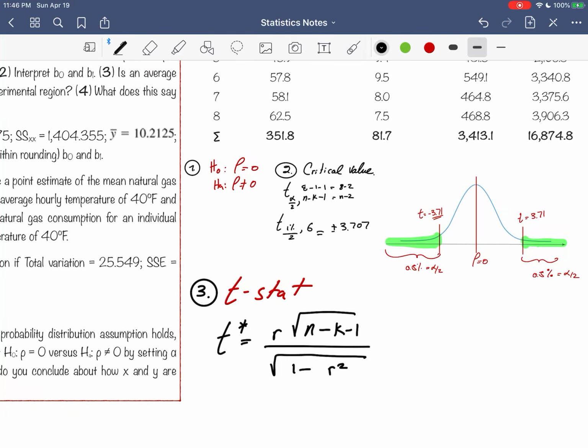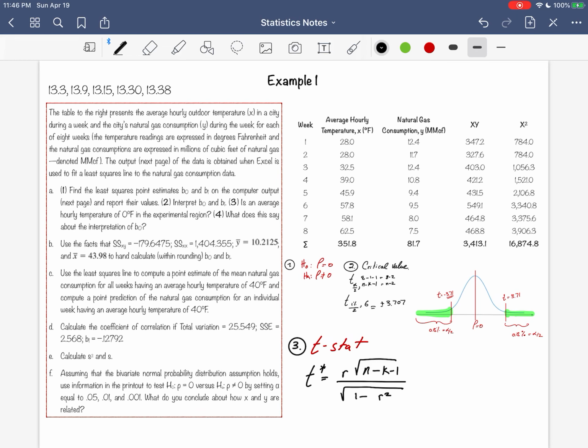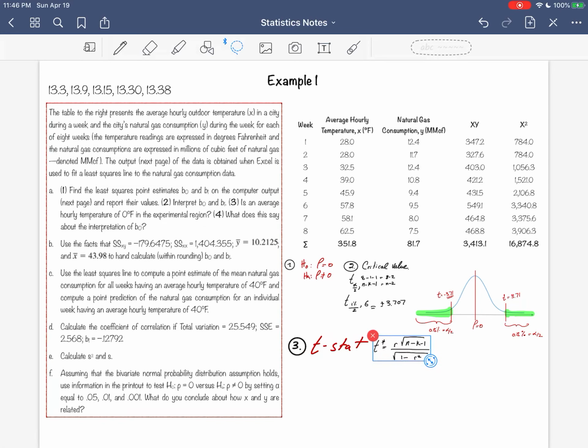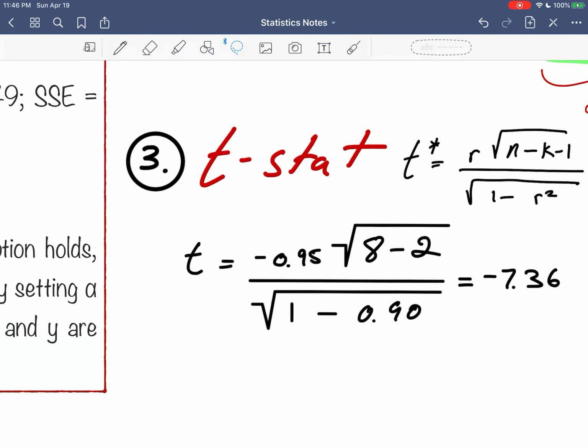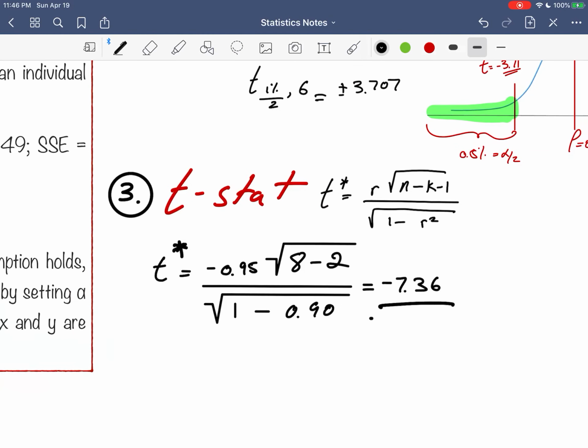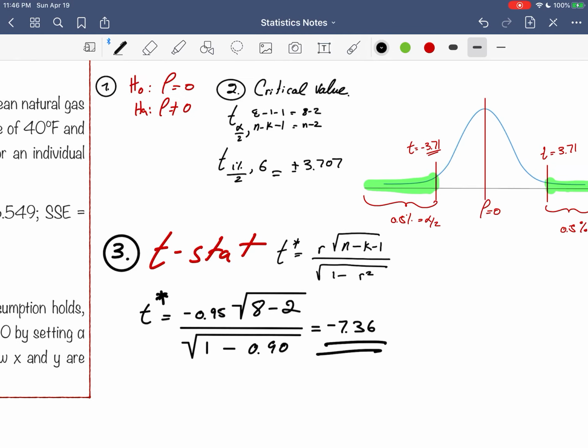I'm just going to make this a little smaller. I have the equation already worked out. You can always check my math as usual. You should get a test statistic of negative 7.36.